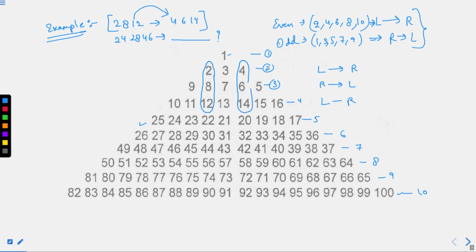4, 6, 14. Now you can see that a similar pattern is there. So in the question part also, we have 24, 28, 46. This is here. This is how much? 1, 2, 3 steps ahead. So here also we'll go 1, 2, 3 and we will get it.